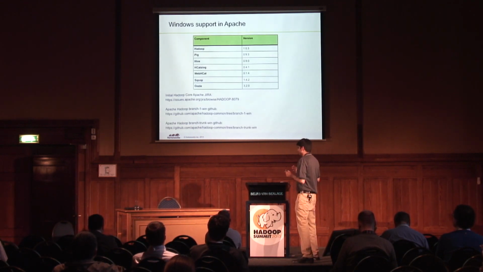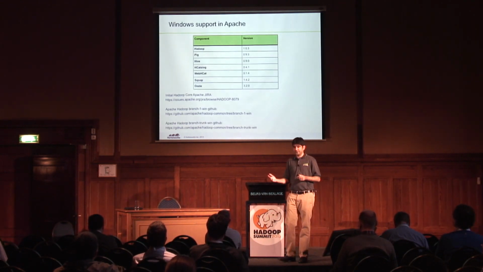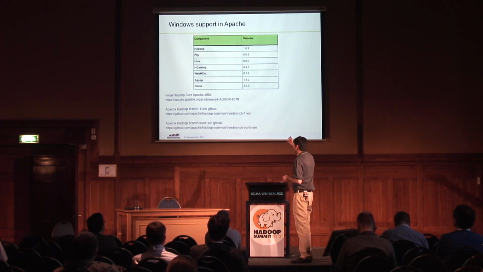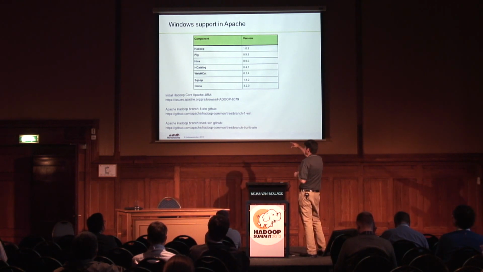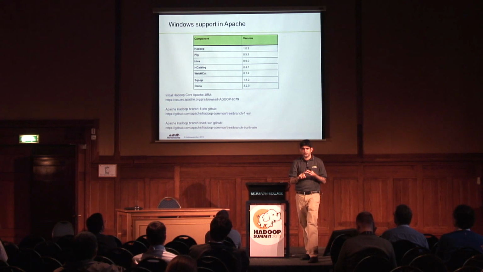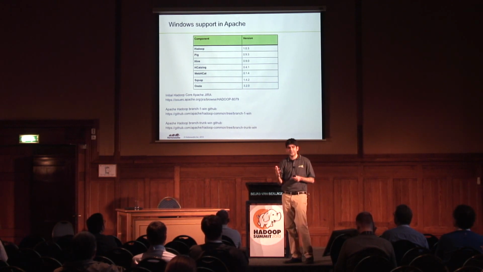When we were doing this work, we worked very closely with Microsoft on all the development, and it was all done in the open. It's part of extending the hard work that goes on in the Apache community, bringing Windows into Apache. If you look at the Apache Jira, you can find the initial Jiras for Hadoop Core, Pig, Hive, these different components.